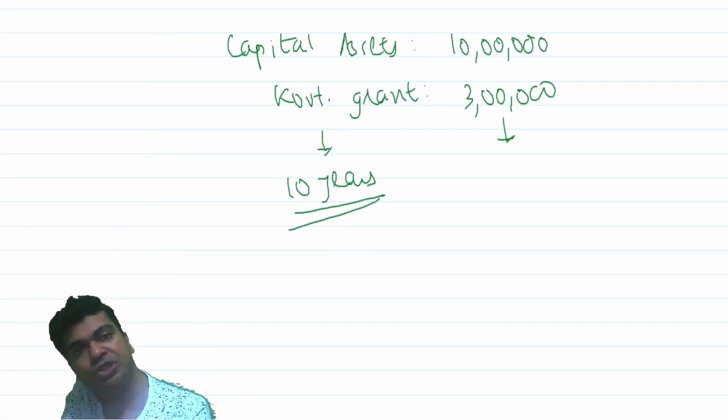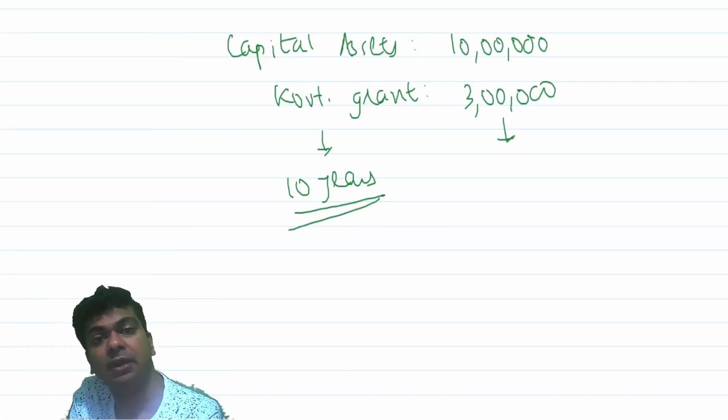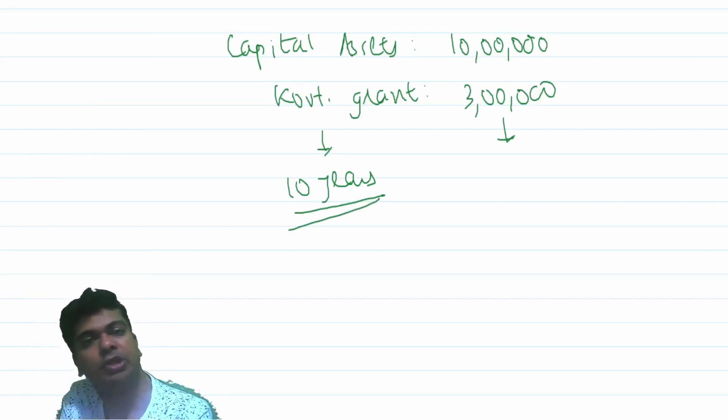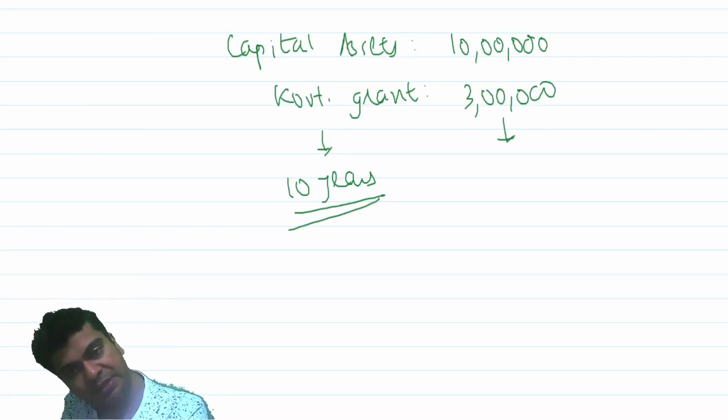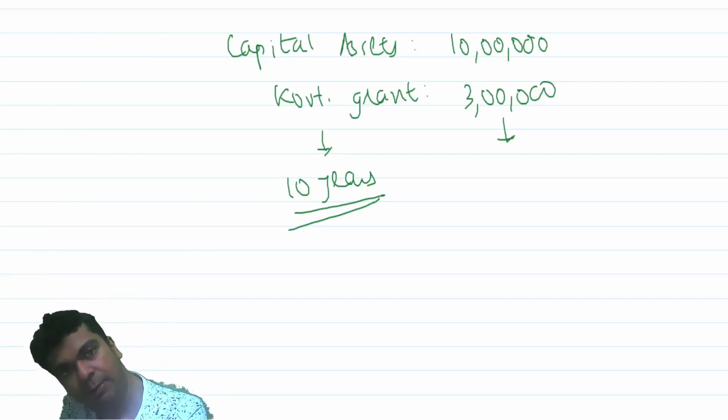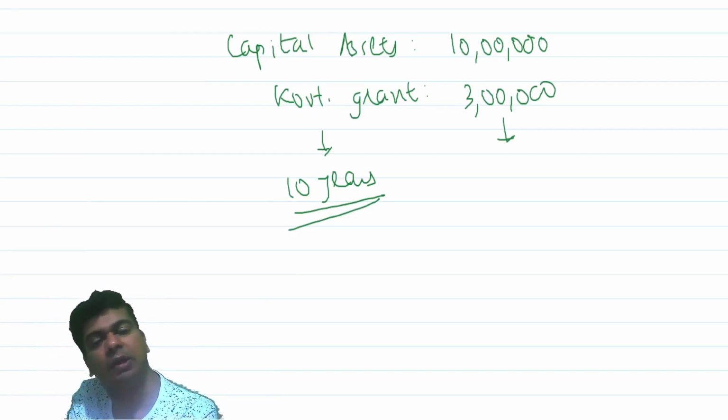Because this is a depreciable asset, we will take transfers in the ratio of depreciation. For example, if you are going to depreciate your assets on straight line basis, then this 3 lakhs will be recognized on straight line basis over the useful life of 10 years. 3 lakhs divided by 10, every year recognize 30,000 rupees.